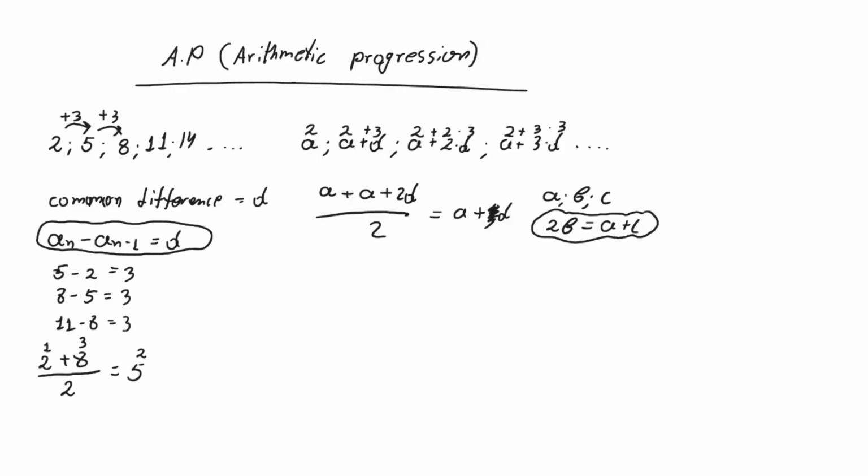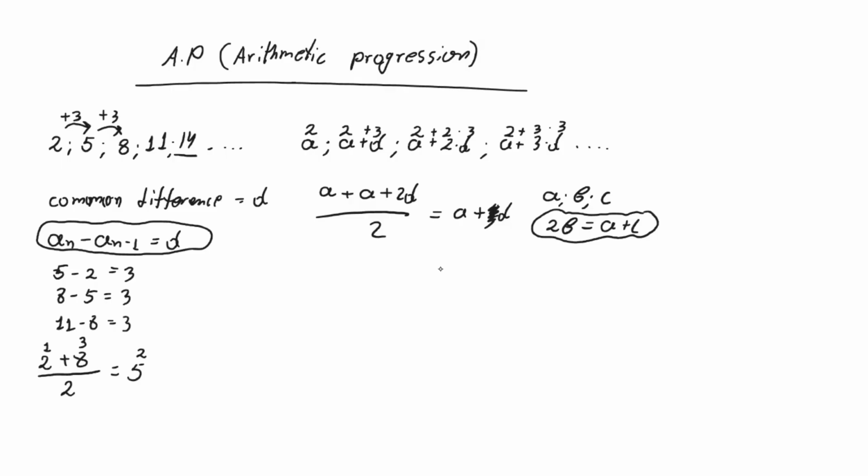Now, if we want to find, for example, the fifth term, here it is 14, it was very easy for me to find that. But if we want to find the hundredth term, thousandth, or any other, it will be a little harder. So we need some formula to find it an easier way.